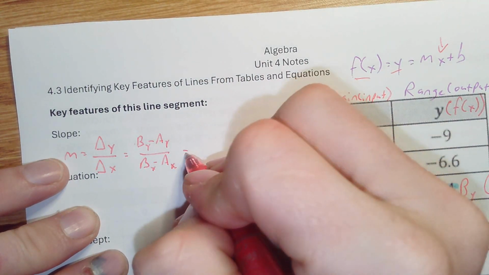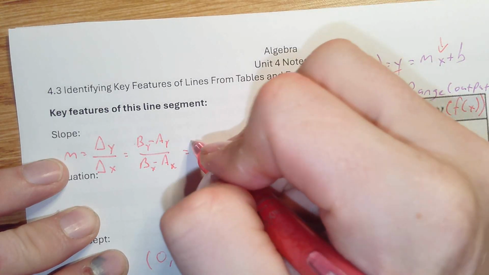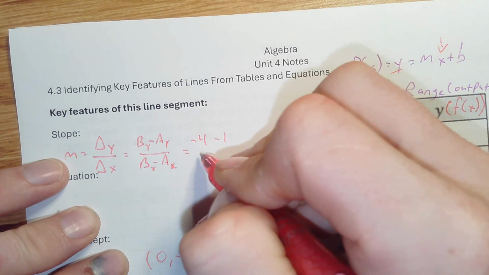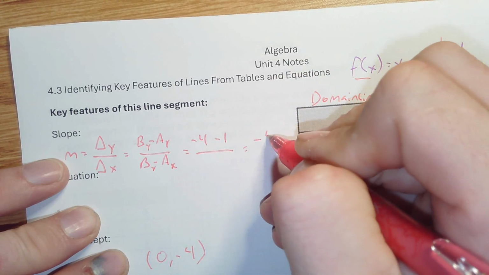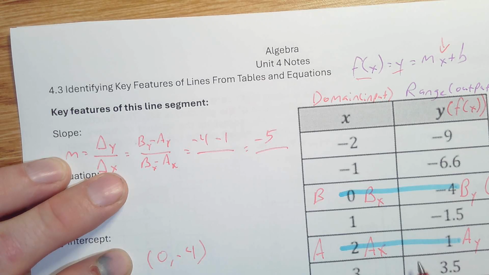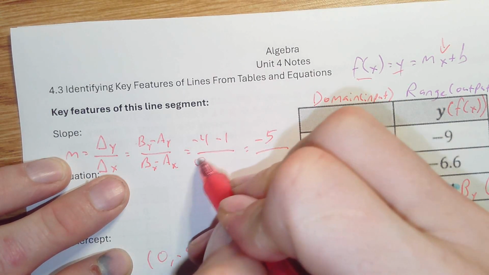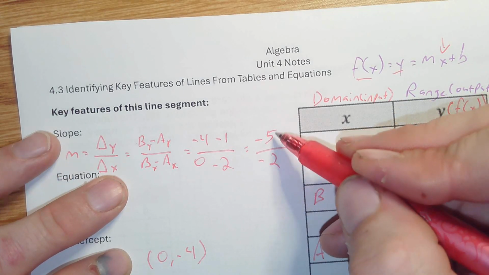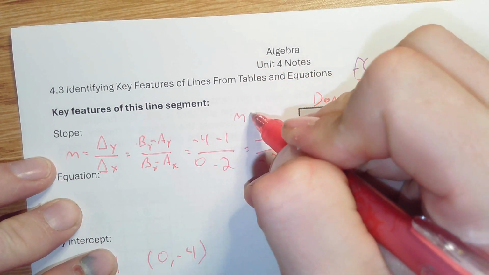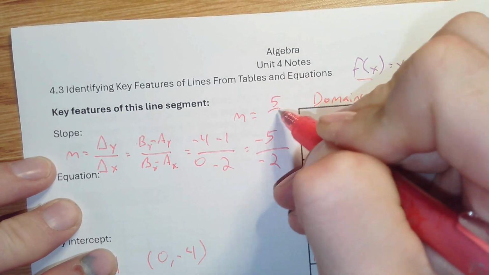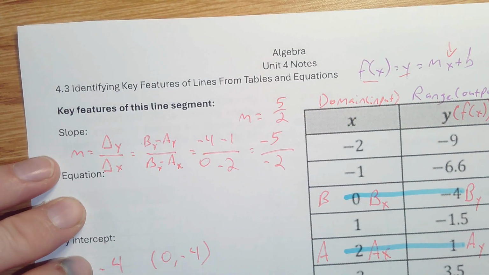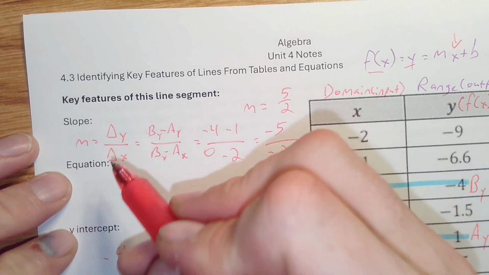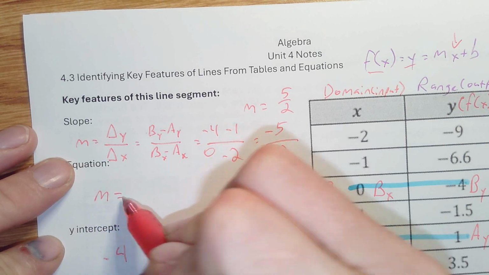All right, so it's going to be -4 minus 1, which is -5, and then on my B x it's going to be 0 minus 2, which is -2. Negative divided by negative is a positive, so my slope is going to be 5/2, positive 5/2, right? So I know everything I need to know to figure out my equation.